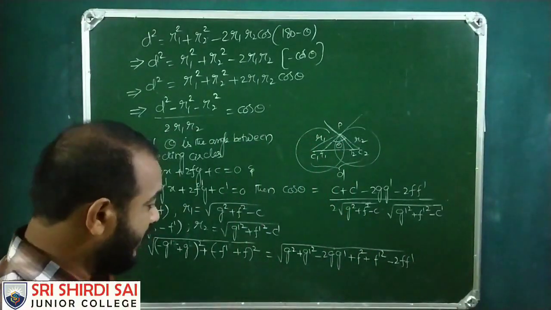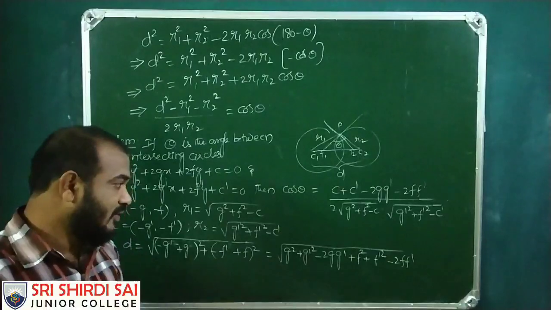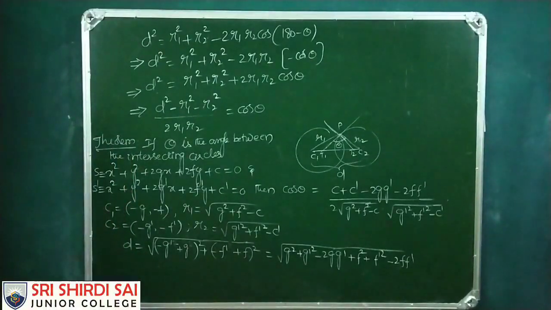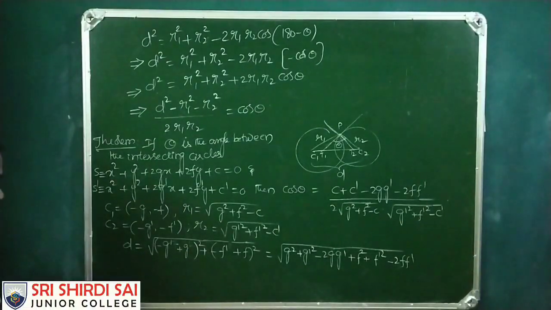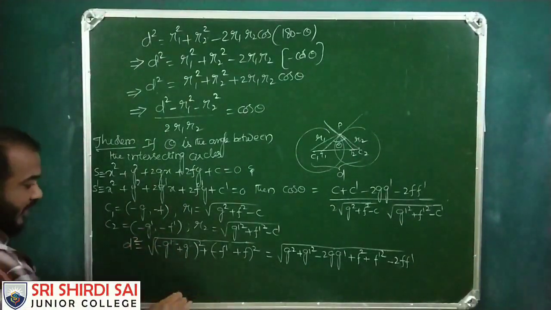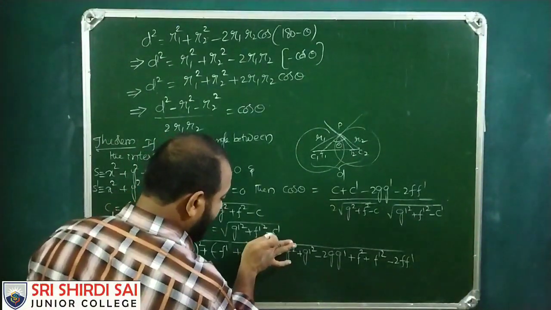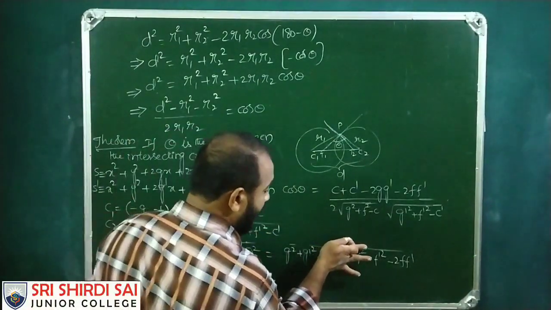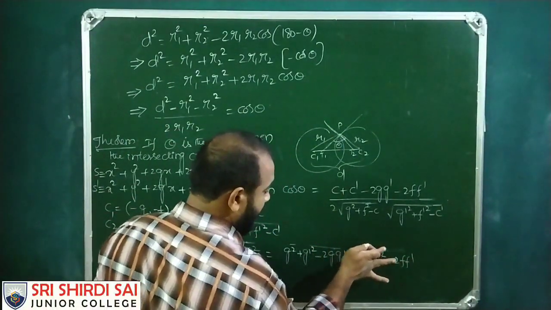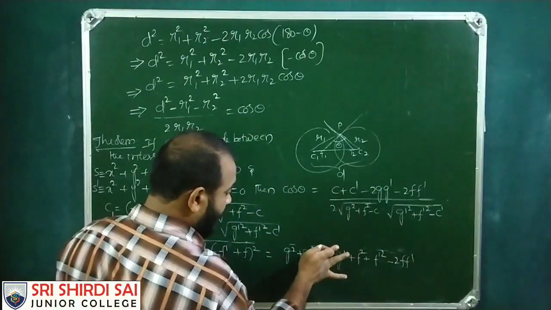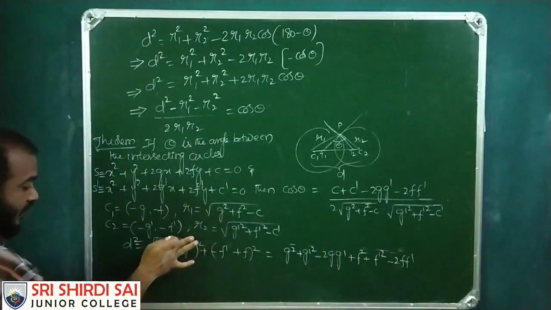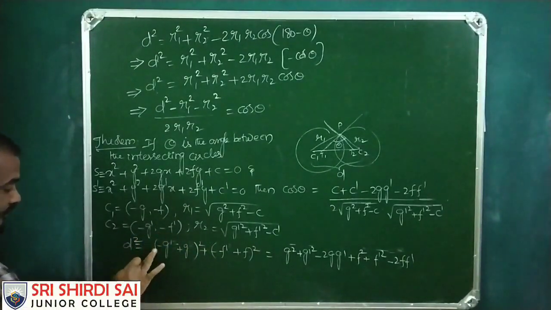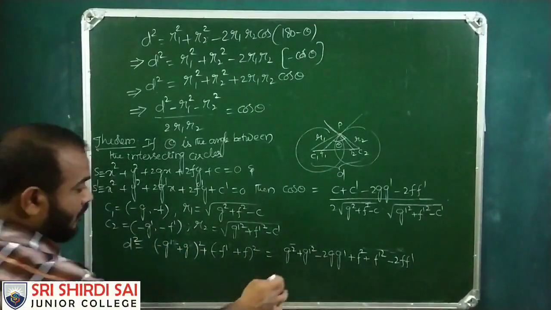So d square is simply the square, and the square root will be eliminated. If I want d square, then simply this is the elimination of this square root.